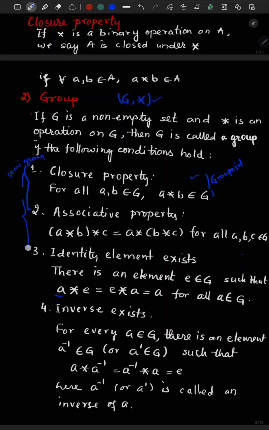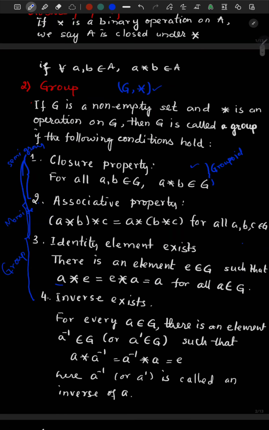If the first three properties are satisfied, we call it a monoid. If all the four properties are satisfied, it becomes a group. So in this module, we are studying about the groups only. So all these four axioms have to be satisfied.